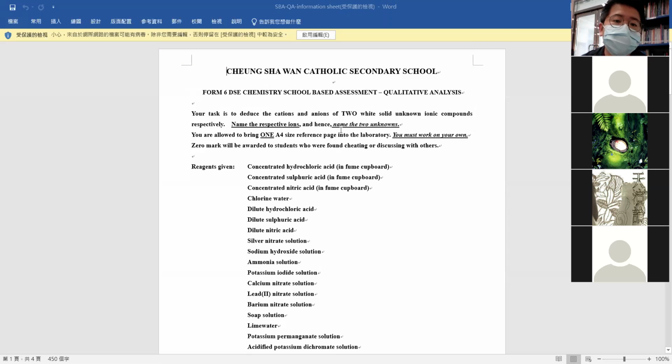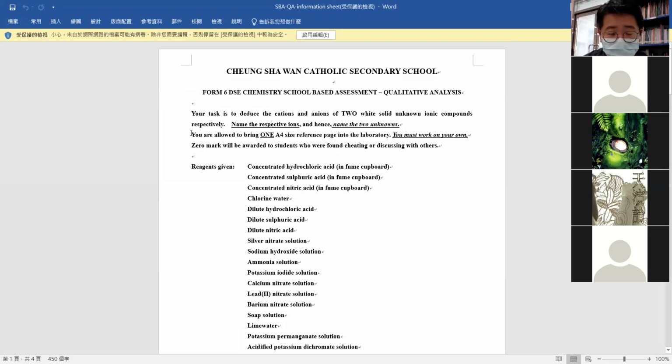Now, your task is to deduce the 2 white unknown ionic compounds respectively. We'll have 1 cation and 1 anion; name the respective ions and then name the 2 unknowns.